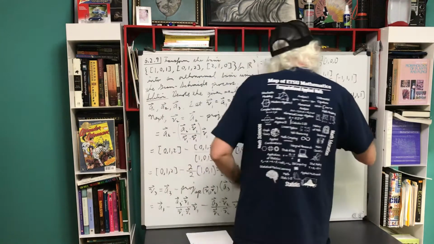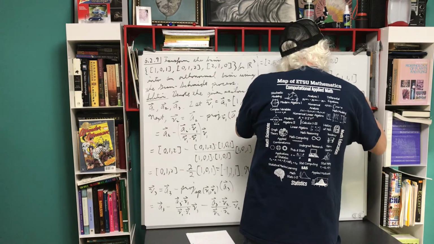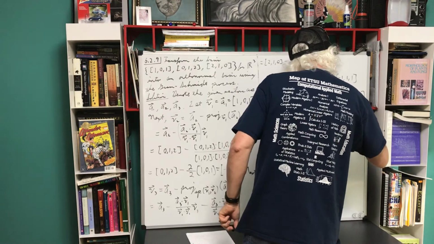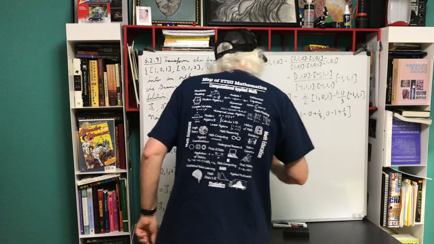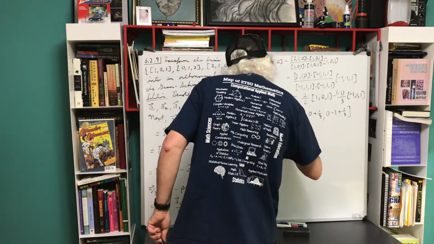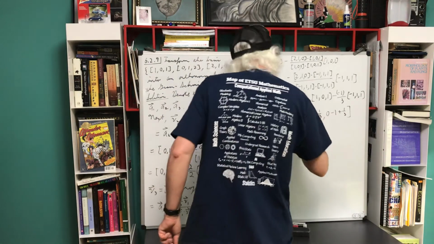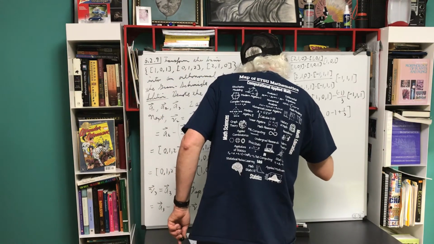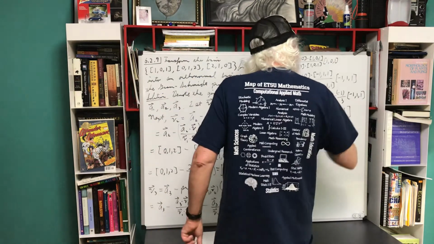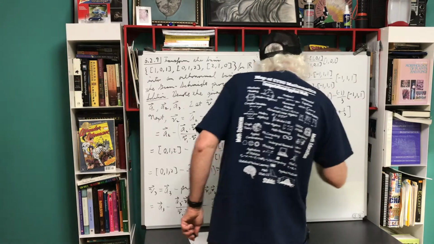Third component, we've got a 0 minus 1 plus 1/3 again. All right, let's see, that's what? 1 minus 1/3, that's 2/3. 1 plus 1/3, that's 4/3. -1 plus 1/3 is -2/3. I've been through worse arithmetic problems.